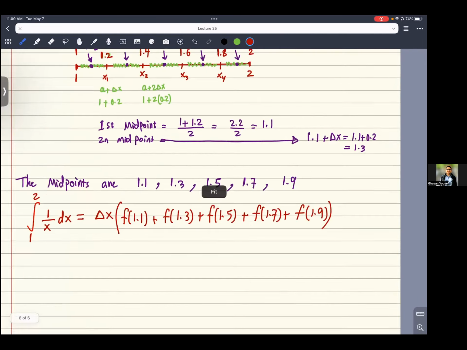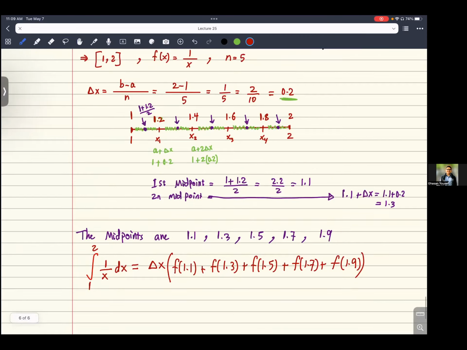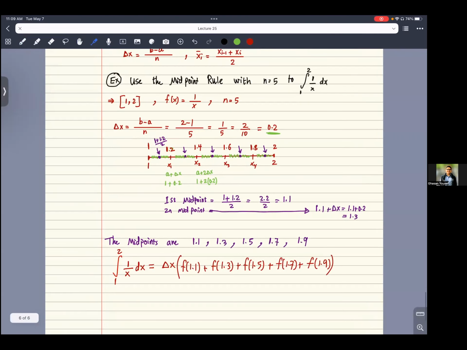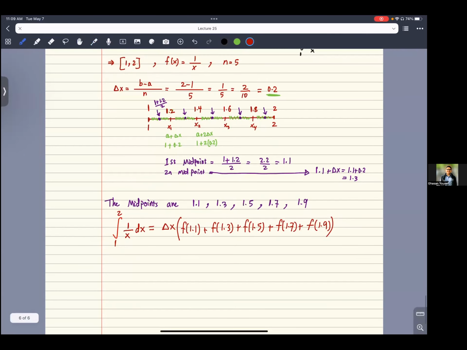By the way, what is the function f? Here's the function, here's the interval, and here's how many subintervals we need, 5. So we're going to plug these values into this function. Delta x, by the way, is 0.2.